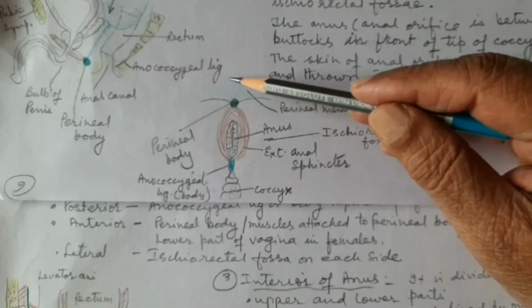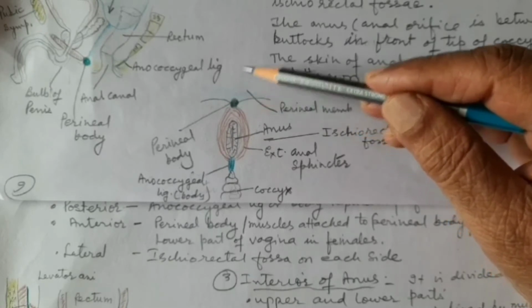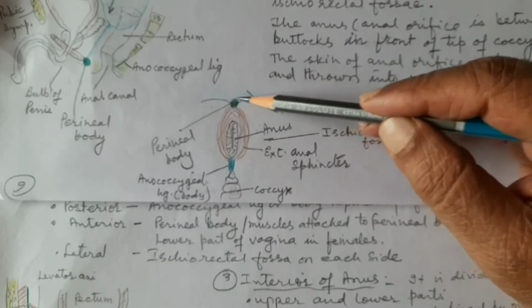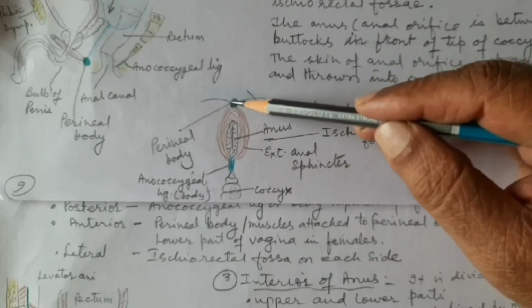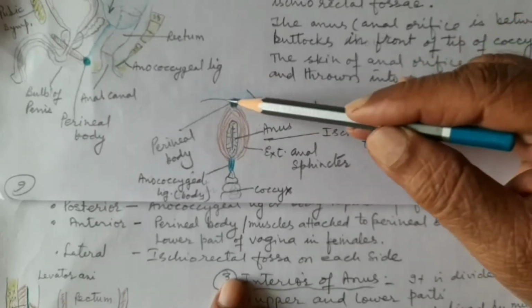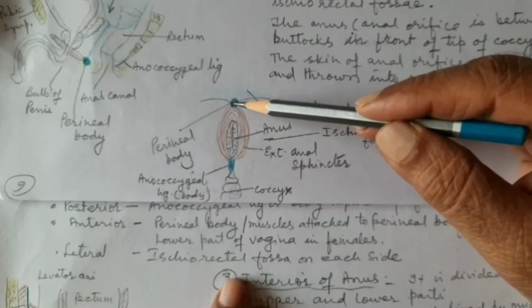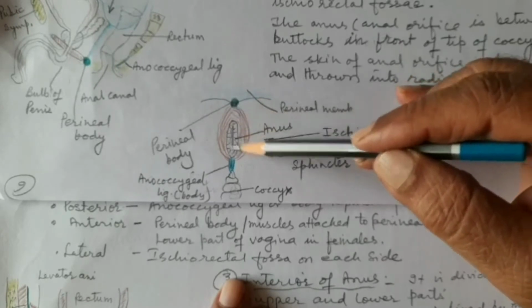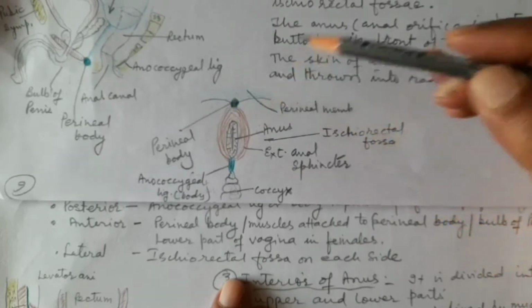In case of the male, it will also give attachment to the bulbospongiosus muscle. In case of the female, there will be another bulbospongiosus, which is a split muscle. So many muscles are attached to the perineal body. Thus it becomes a central tendon which gives attachment not only to the anal sphincter part but also to the transverse perinei and the bulbospongiosus muscle.